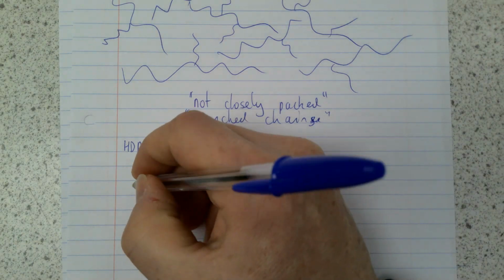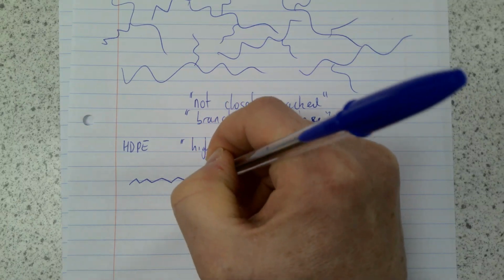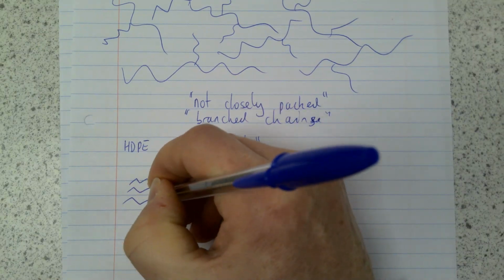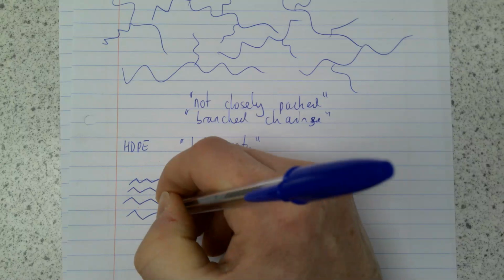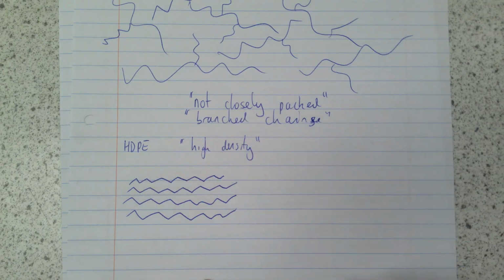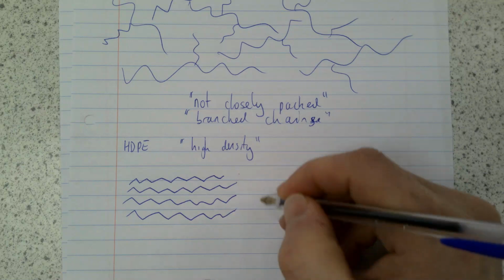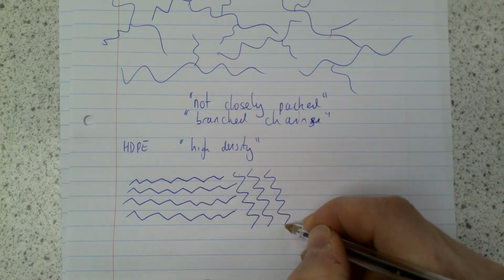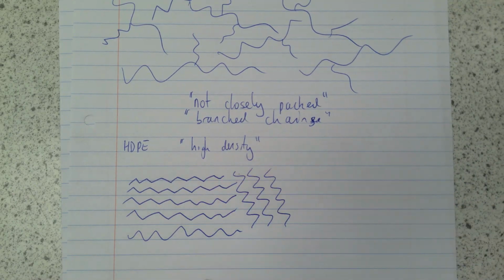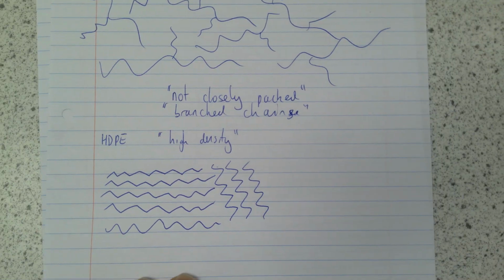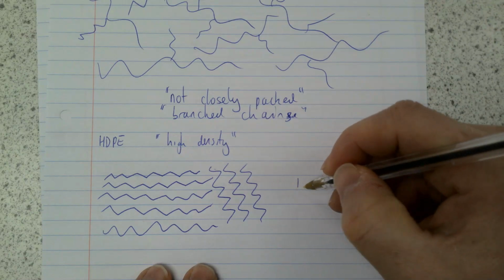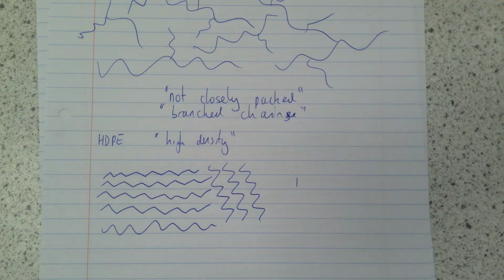But the packing is completely different. So these are straight chains. We draw them as zigzags like this, and you'll see why at a different time. But instead of being all over the place with branched structures, they might be something like this. So they closely pack the polymer chains to each other, which means they take up much less space per polymer molecule, which means that they have much higher density.